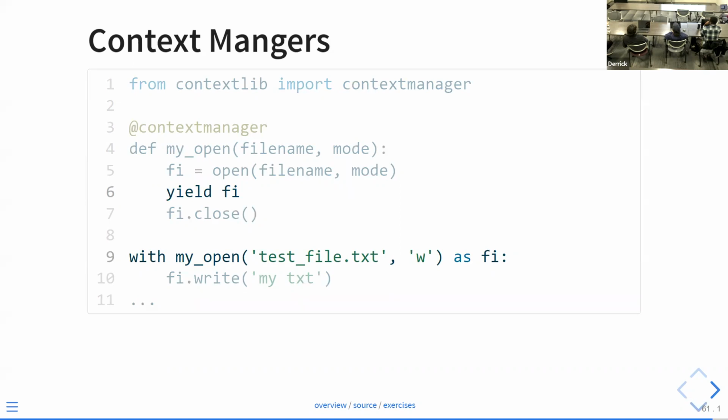So in this case, with open my open test file as fi, whatever fi is there gets yielded out from the generator. And then when it's all done, this is going to get called even if an exception is raised. There's also a way to do this with classes, which is a little bit more flexible, but it's also more complicated. So typically try this first, and then if you need more complicated exception handling, there's a way to do it that gives you more flexibility.